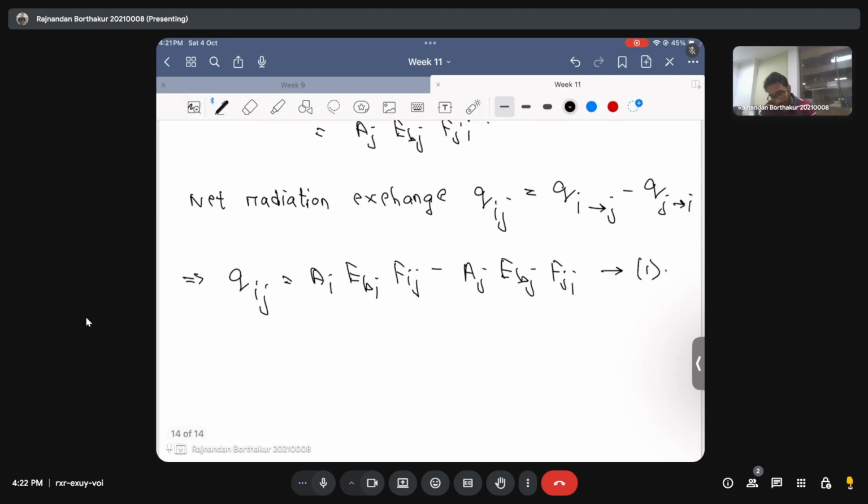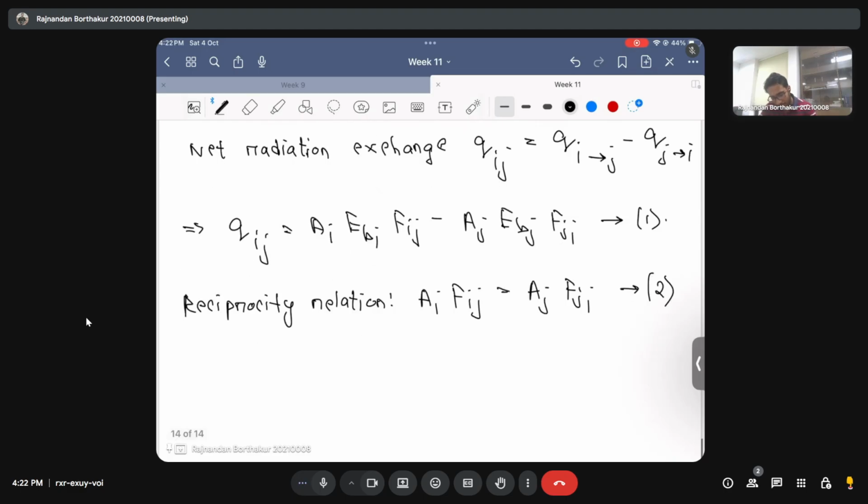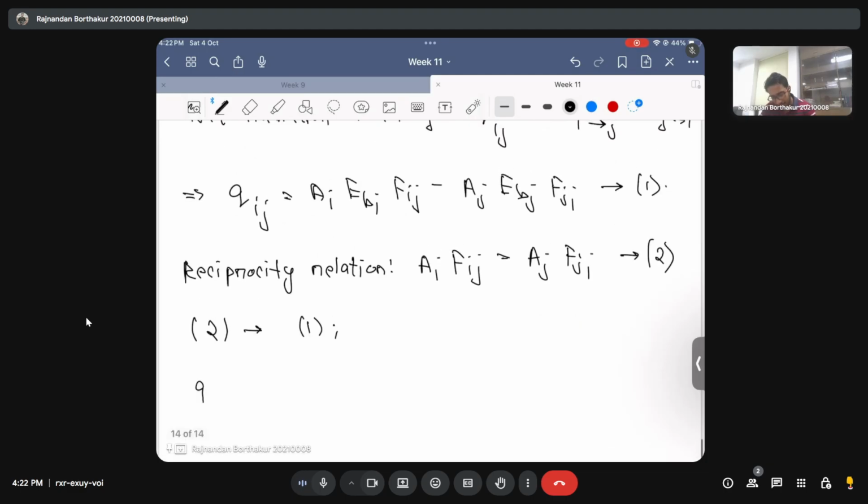Okay, now, but I know that from the reciprocity relation, Ai Fij is equal to Aj Fji. So if I substitute 2 in 1, I can then say that the net radiation exchange precisely becomes equal to Ai Fij times (Ebi minus Ebj).